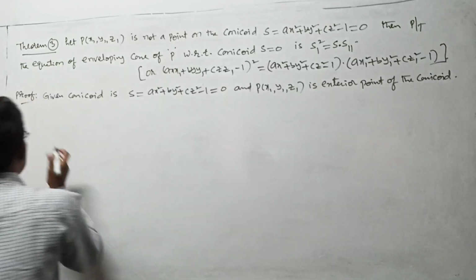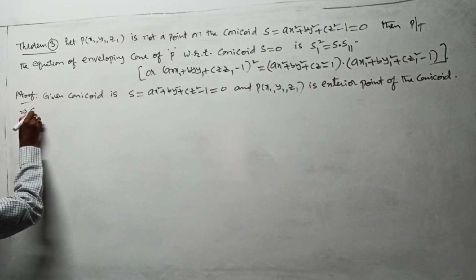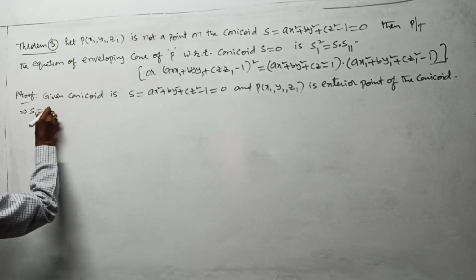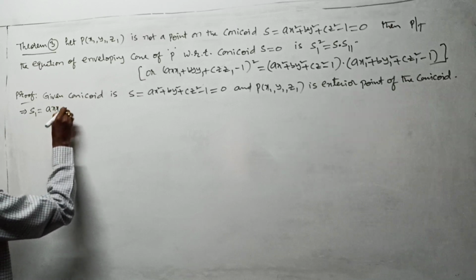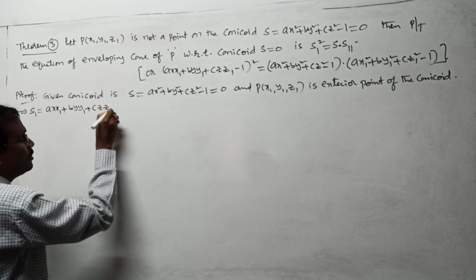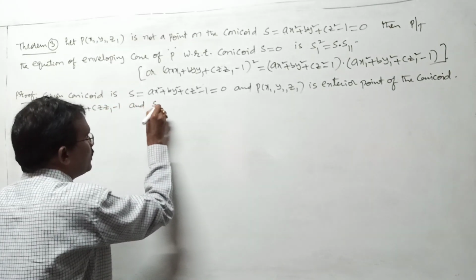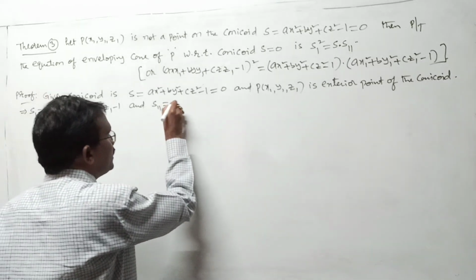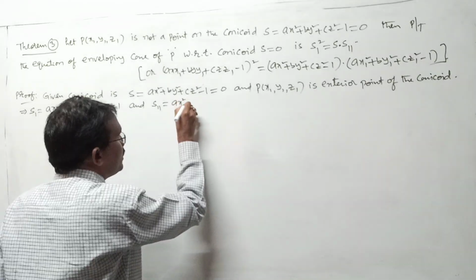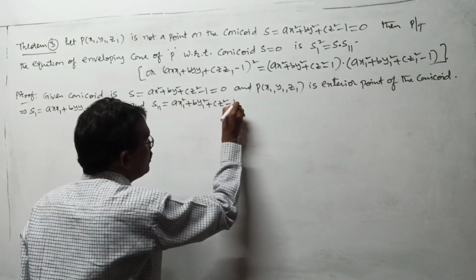According to this point P, let us define S1, S11. You know what S1 is? It is ax x1 + by y1 + cz z1 − 1. And S11 is defined as ax1² + by1² + cz1² − 1, replacing x with x1, y with y1, z with z1.